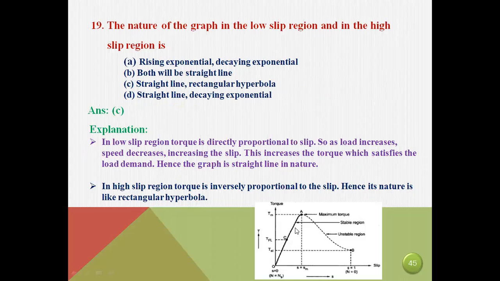You can directly observe here, torque is directly proportional at the start, when we are taking S equal to 0, and when we are taking the maximum slip or the unstable region, it is inversely proportional. That's why we are calling that a rectangular hyperbola.